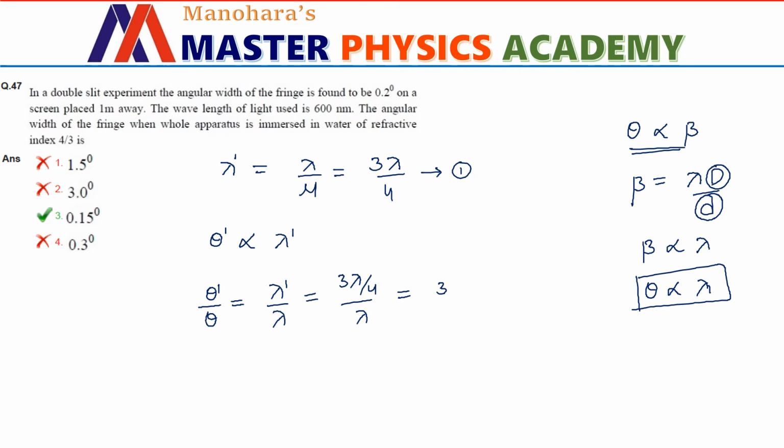Now theta dash will be equal to 3 by 4 times theta, but theta is given as 0.2 degree. Solving this, we get 0.6 divided by 4, which is equal to 0.15 degree. Therefore, the correct answer is option 3, 0.15 degree.